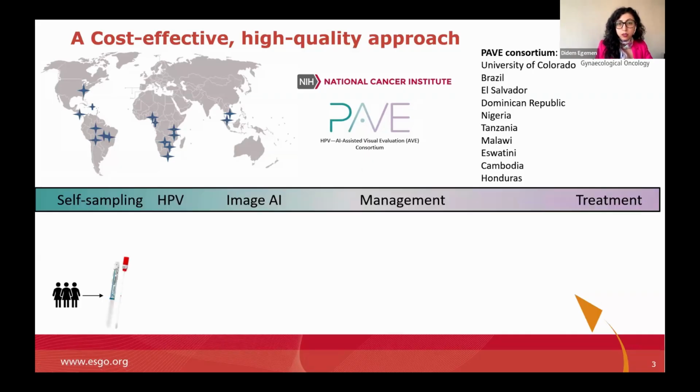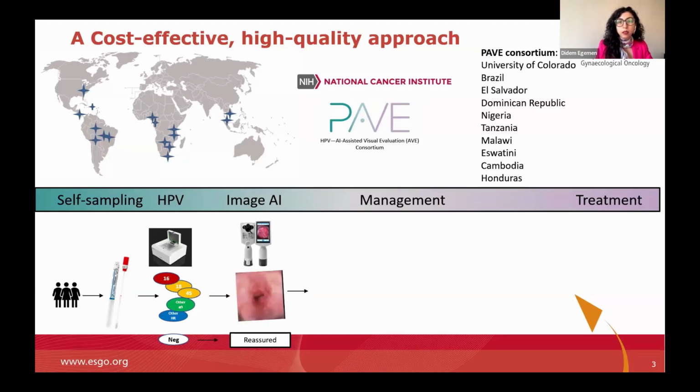This screening strategy starts with HPV self-sampling. Everyone coming into the clinic takes their own sample, and then we evaluate these samples for HPV, and our test gives 13 types in 4 hierarchical levels. If they're HPV negative, they are reassured, but if they're HPV positive, through a handheld device, we take the image after acetic acid application.